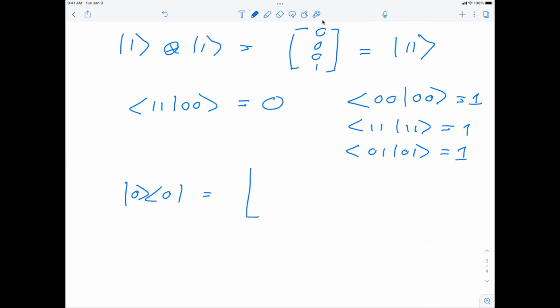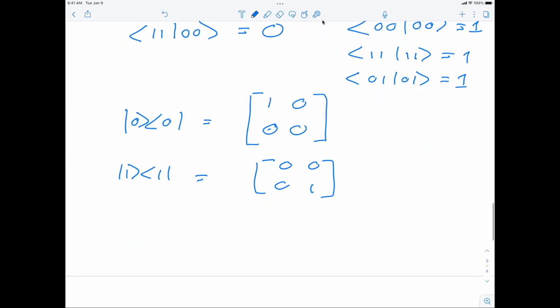Then this becomes simply a 2 by 2 matrix, which is given by 1 along the first diagonal and 0 for the rest. Then, if I take the next vector, 1, this becomes simply 0, 0, 0, and 1.